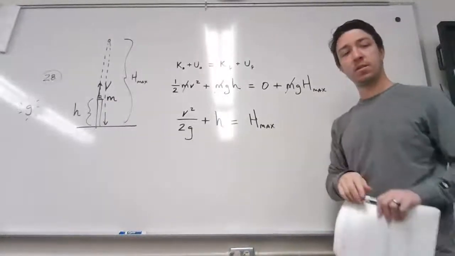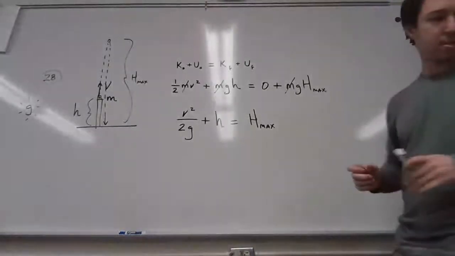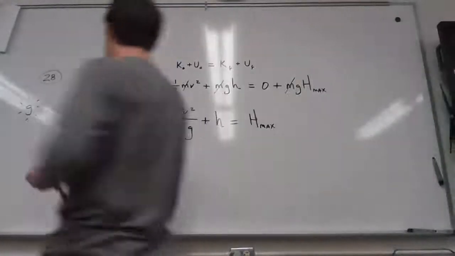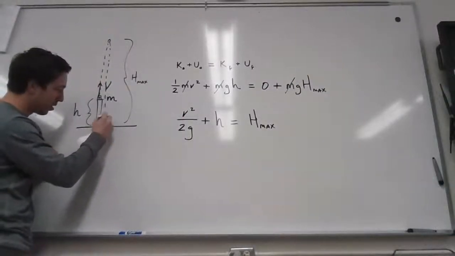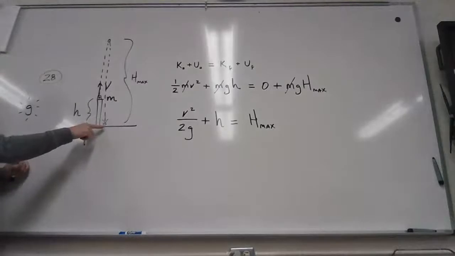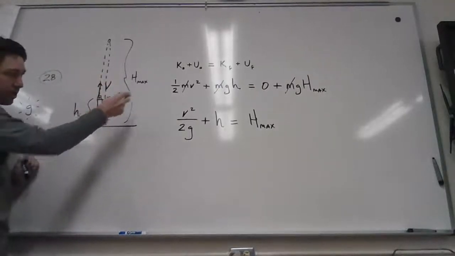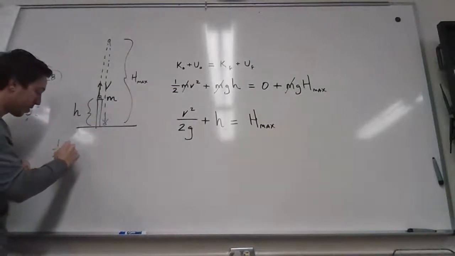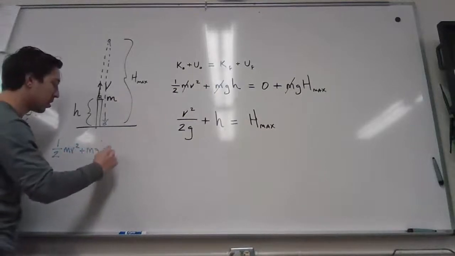Cool beans? Okay, now the next answer is not quite as simple. Let's see if this blue marker has any life in it. So now we're going to figure out what happens down here. Same calculation, but this time it's 1/2 mv squared plus mgh.